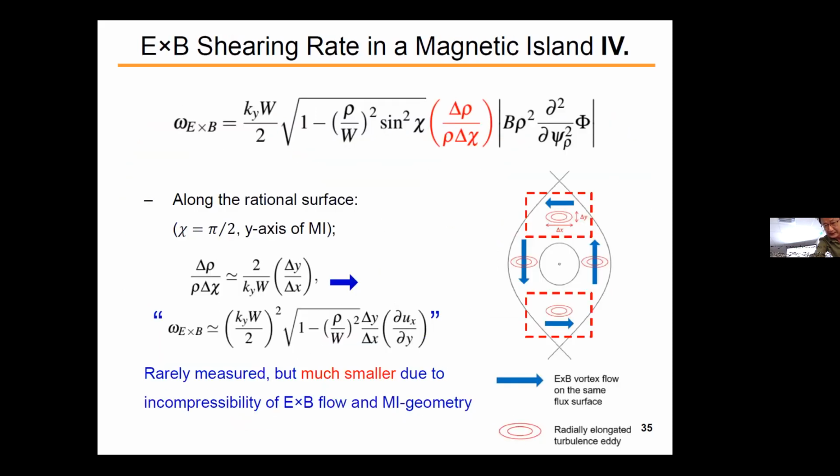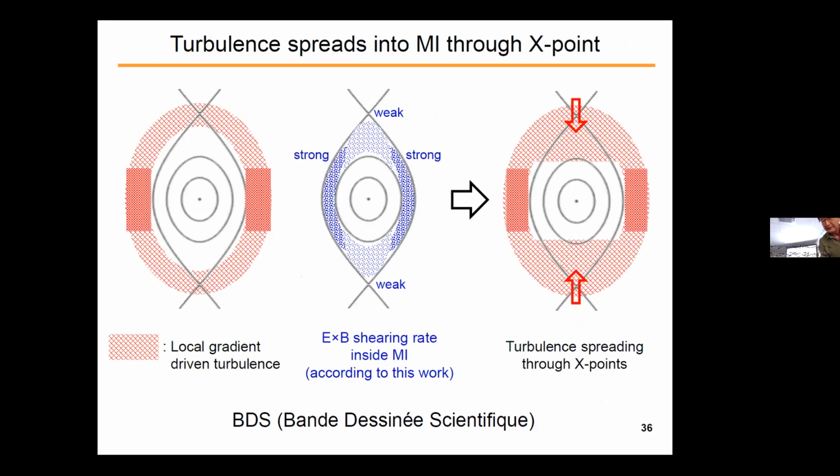So if I make the long story rather short, this is the cartoon summary of our calculations. Our E cross B shearing rate calculations indicate that turbulence must spread into the magnetic island through the X point.